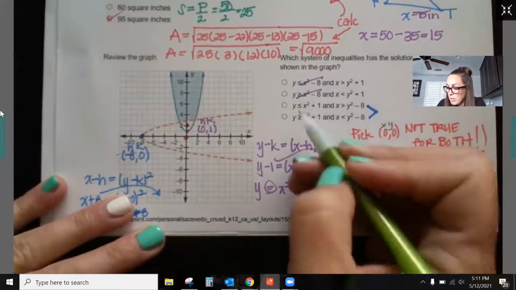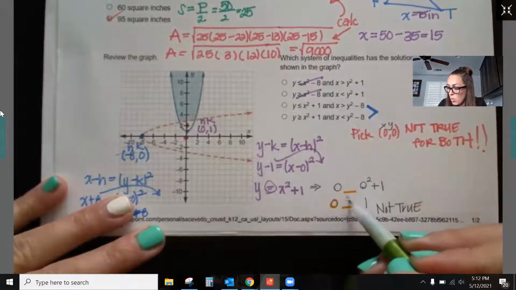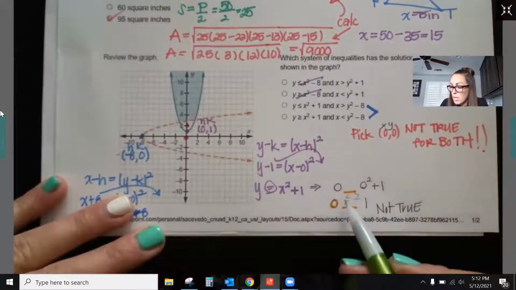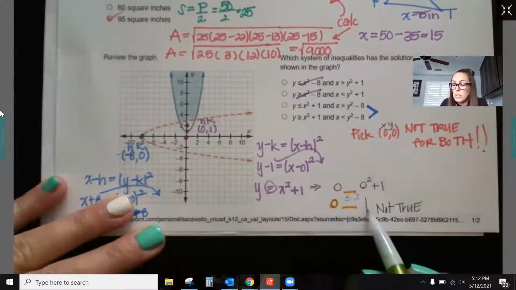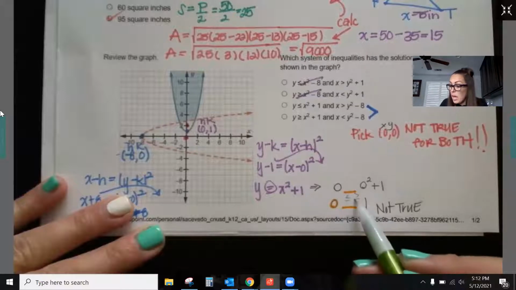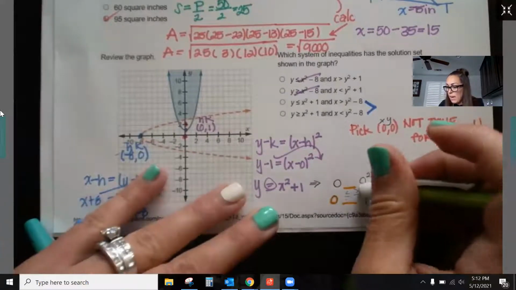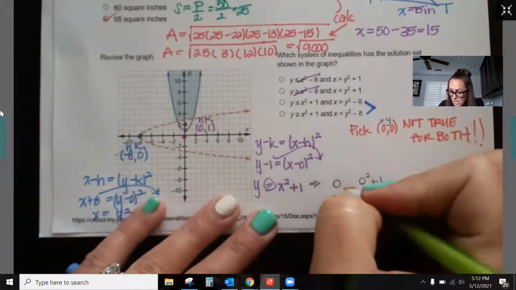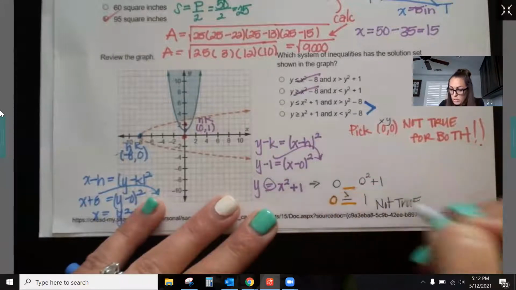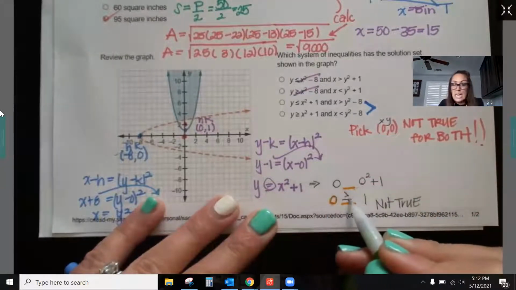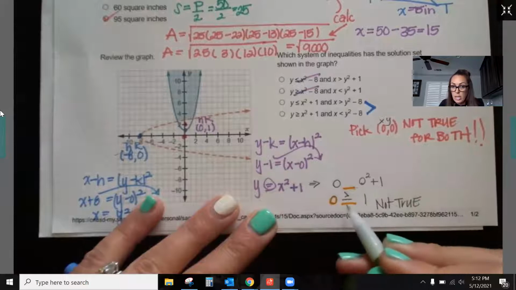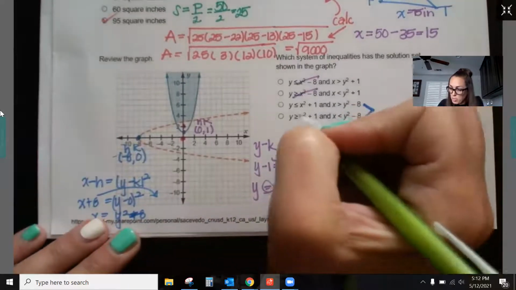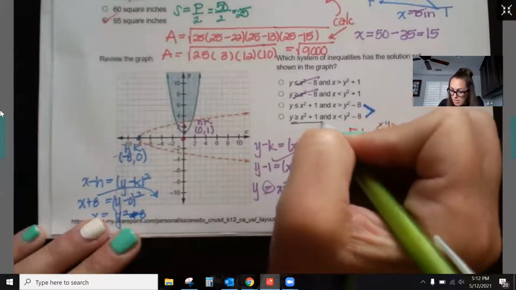So I would have 0 is greater than or equal to, or less than or equal to. So is 0 less than or equal to 1? That's true. It is less than 1, but it's not greater than or equal to 1. So I would have to pick the one that makes it not true. And in this case, it would be greater than or equal to 1. 0 is not greater than or equal to 1. This is not a true statement, which matches with this one right here.